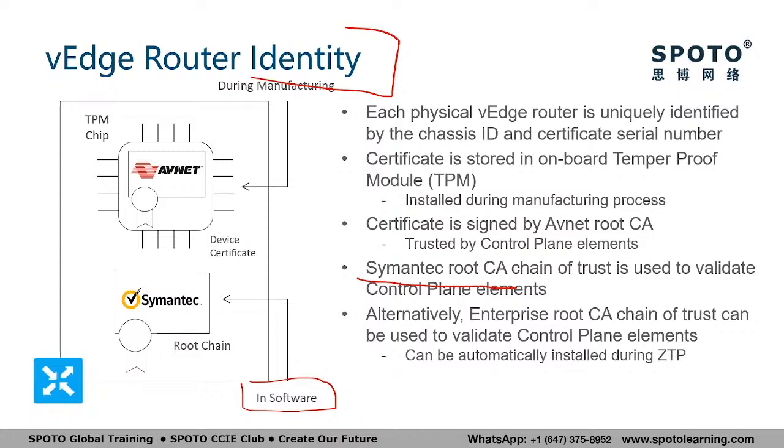But you need to protect this well. Basically, Avnet is the root CA for the certificate at the hardware level for the hardware solution. Symantec is the root CA for the software.